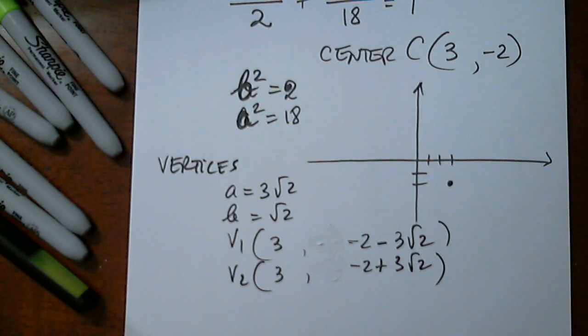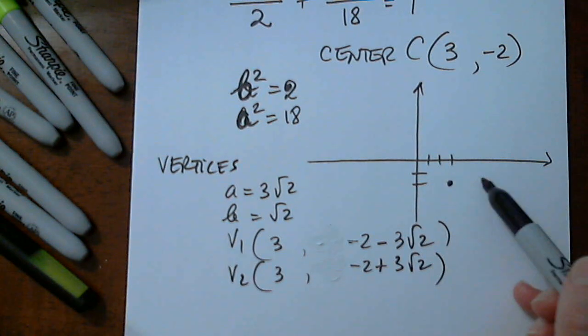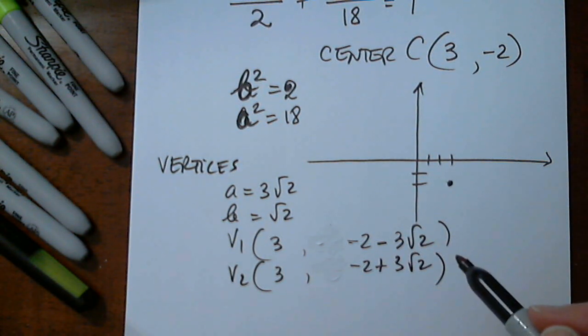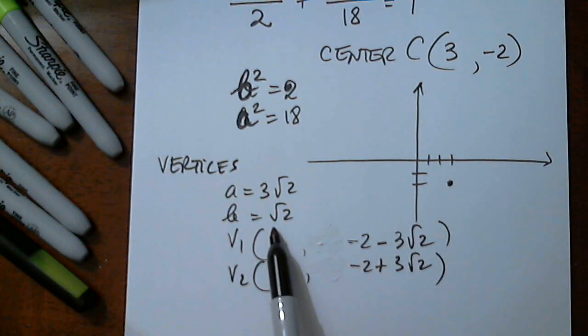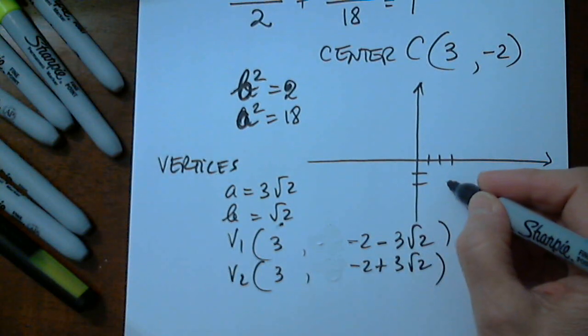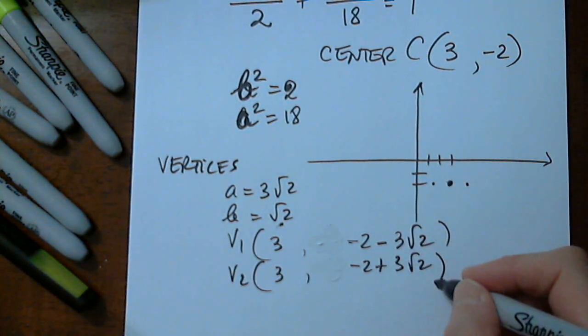So what about how far we go to the left and how far we go to the right? Square root of 2, about 1.4. Now I have to approximate this.